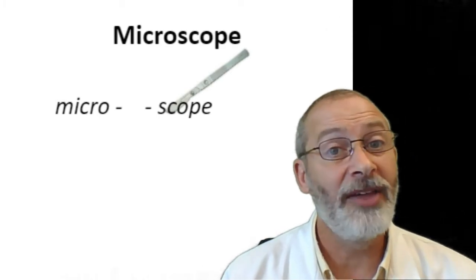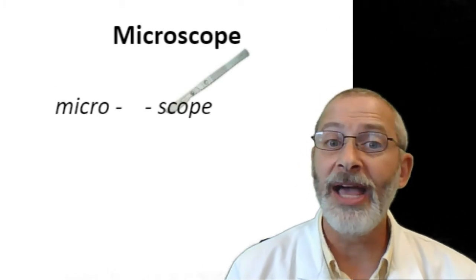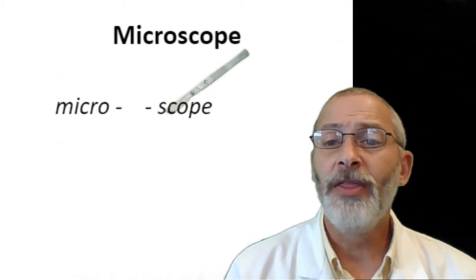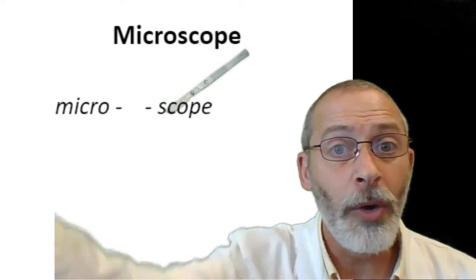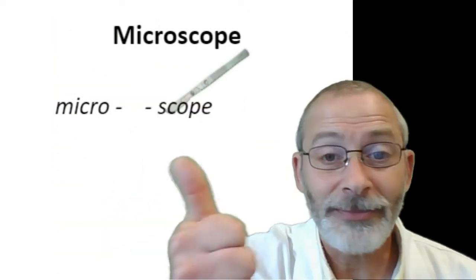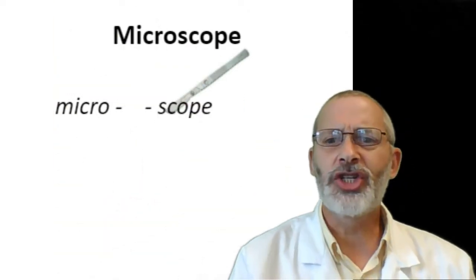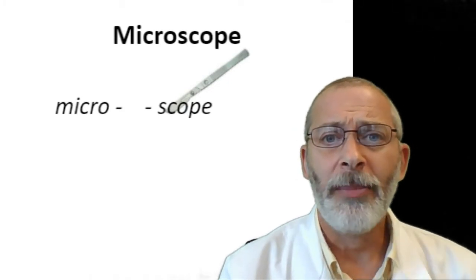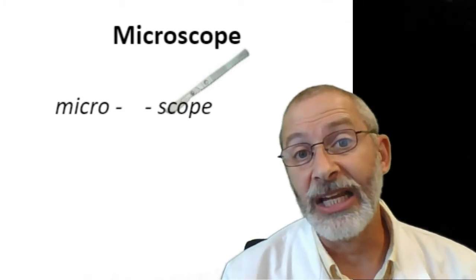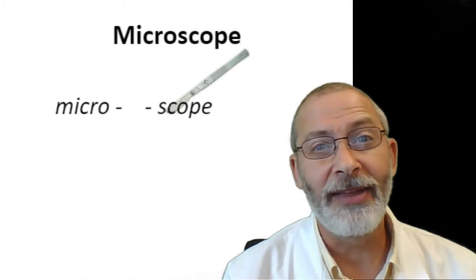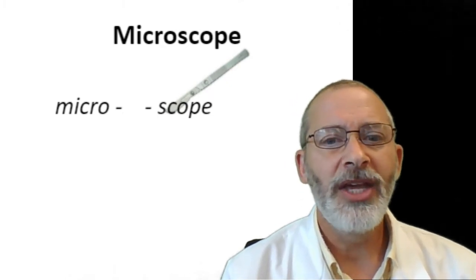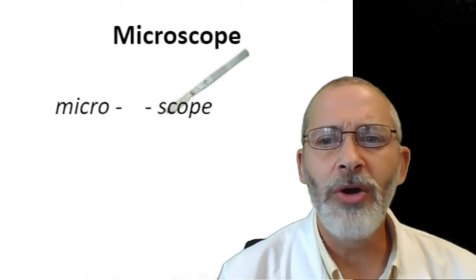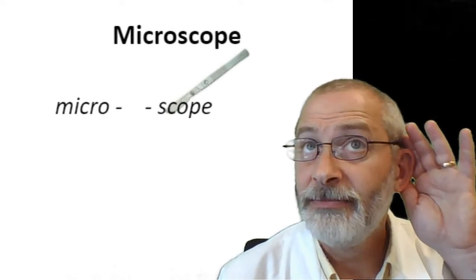First half, I think you should know pretty well by now. Micro, I want you to yell out what you think the prefix micro means. Nice job. Now, scope. We're not talking about like mouthwash scope, but microscope, telescope, and words like that. What do you think scope means? If you know, yell it out.